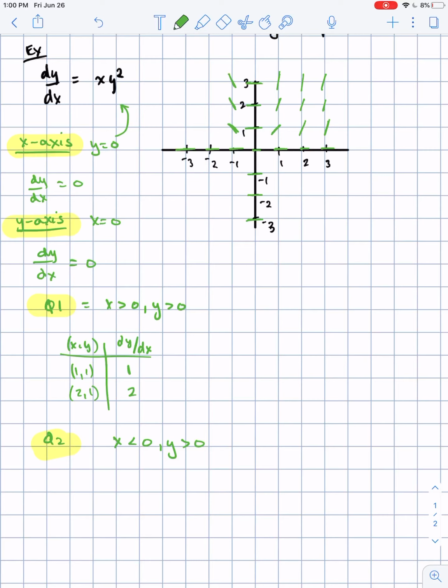I probably should make that a little bit steeper. So like that, and then you're exaggerating as these slopes get almost vertical. Okay, and you can see how it has kind of a pattern that we're looking at here.